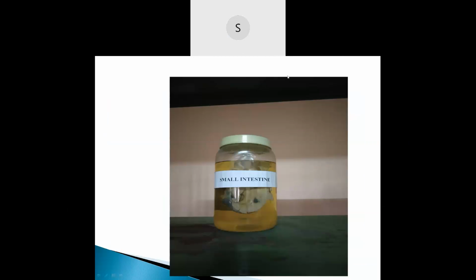It is largely responsible for the continuous breaking down process. The jejunum and ileum are the lower parts of the intestine. The jejunum and ileum are mainly responsible for the absorption of nutrients into the bloodstream.